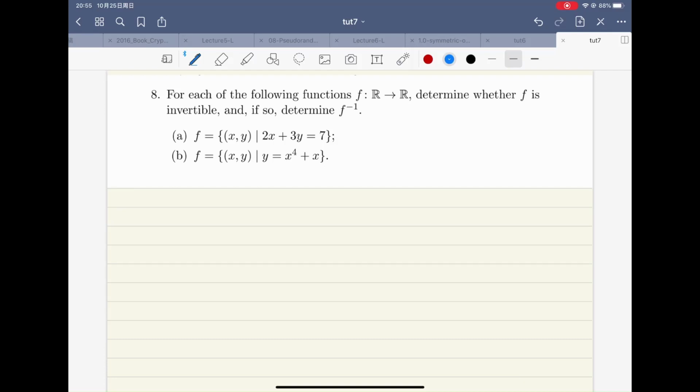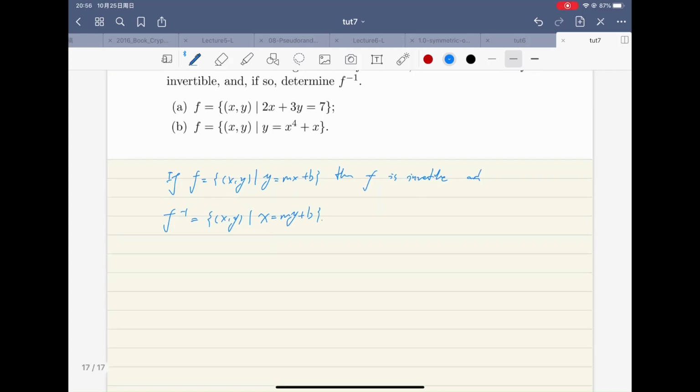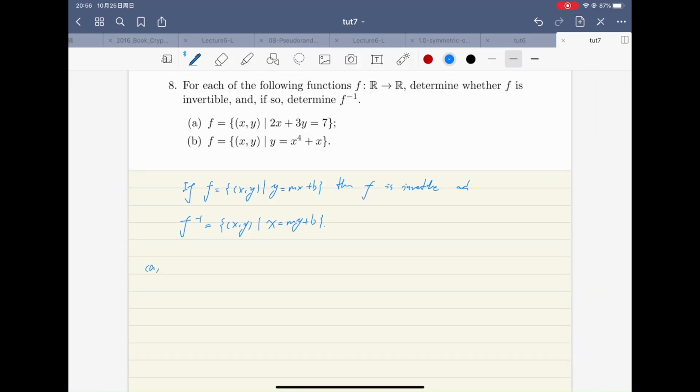And what's the inverse function? If f equals the pairs x, y such that y equals mx plus b, then f is invertible, and the inverse of function f should be the pairs x, y such that x equals my plus b. So let's have a look at the first function.